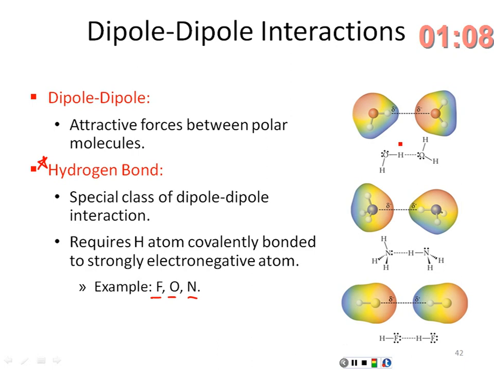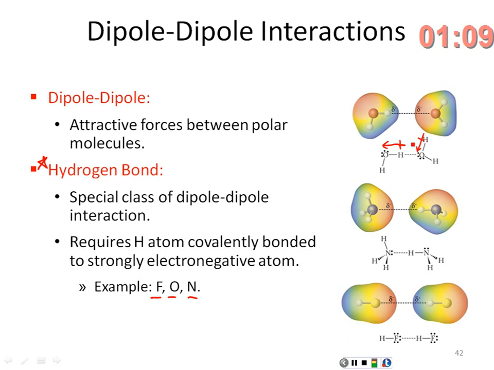And when that happens, you get a dipole on that bond. So here we have a water molecule. There's a dipole on one of these bonds between the oxygen and the hydrogen. And you notice that on this other oxygen atom, there's a dipole as well.